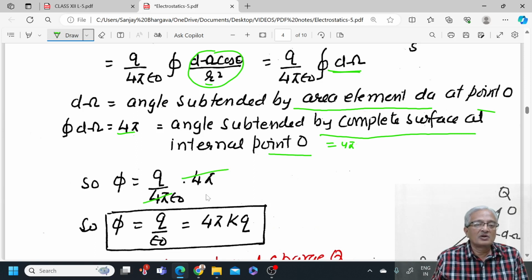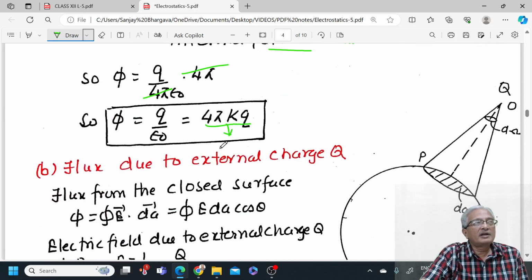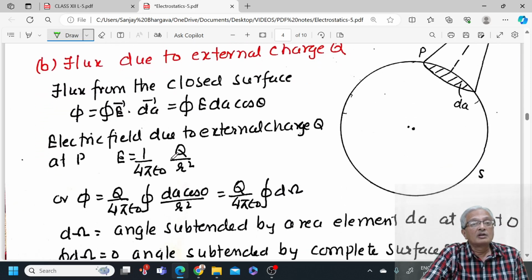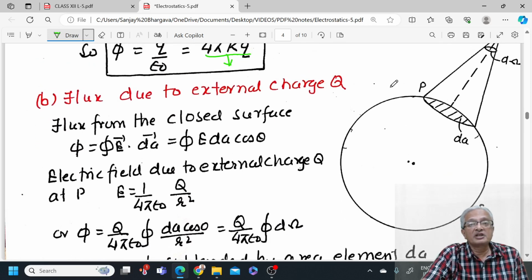So phi would be equal to q upon epsilon 0, equals 4 pi kq. K is as usual the electrostatic constant. So for an internal point, phi is equal to ratio of charge inside the closed surface to epsilon 0, which is Gauss law.